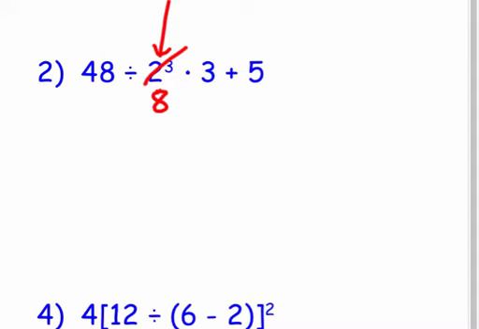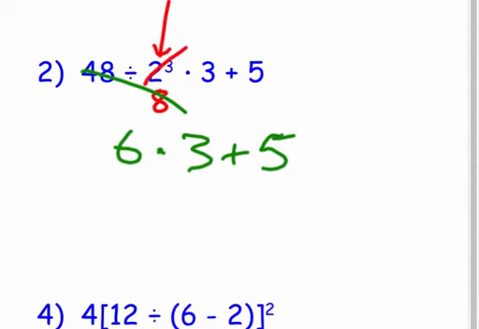So I do my 48 divided by 8, which gives me 6. Now I might want to write this down: 6 times 3 plus 5. Still multiplying and dividing left to right, so 6 times 3 gives me 18, and 18 plus 5 is 23.